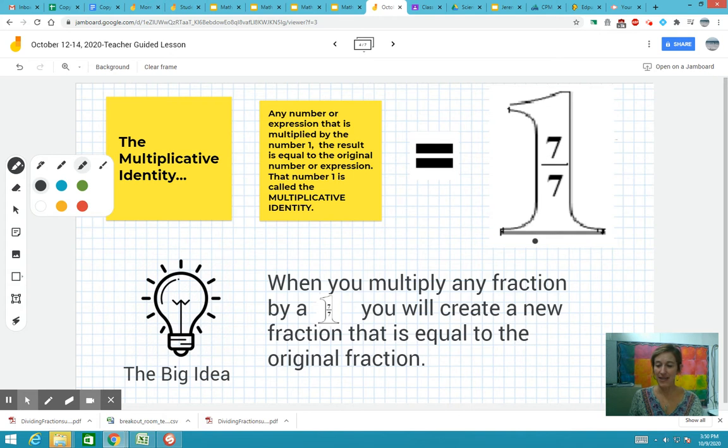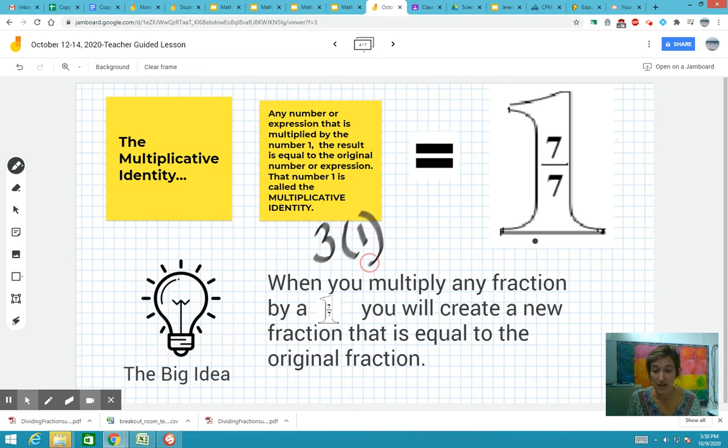To help everybody get a better understanding of the multiplicative identity, I'm going to give you one example where we're not using fractions, we're just using good old numbers. So I'm going to choose to multiply the number 3 times the number 1. I am using the multiplicative identity, and I know that 3 times 1 is 3.